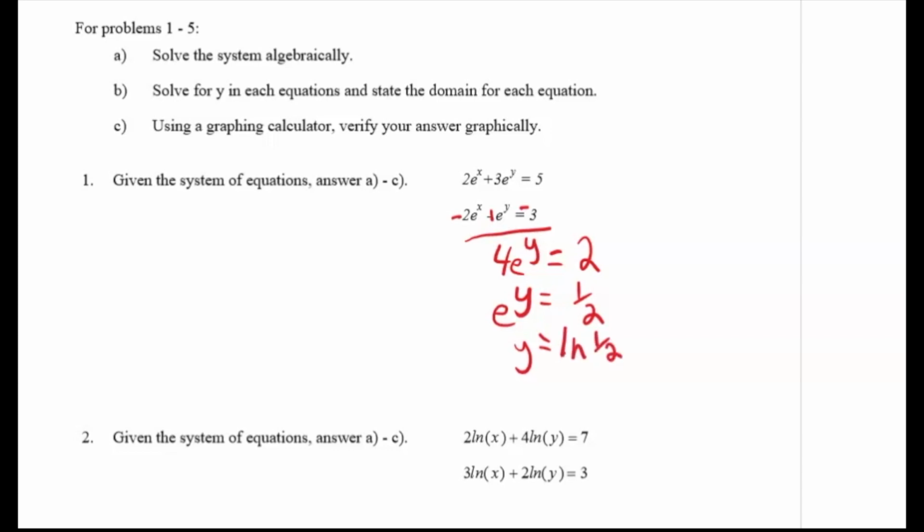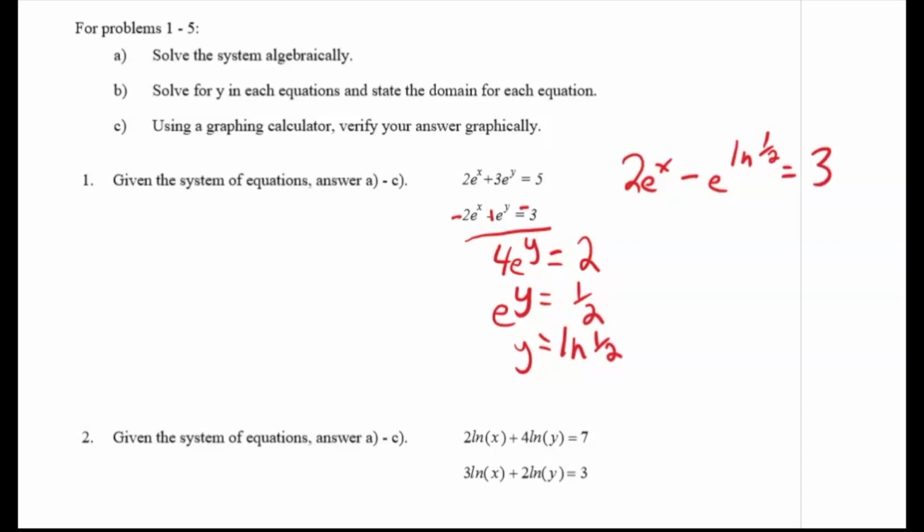So ln of 1/2. Then we can simply plug this into one of these equations, doesn't really matter which one, and solve for the x. If we choose the second equation, going back to the original version of it, it would be 2e to the x minus e to the ln of 1/2 equals 3.